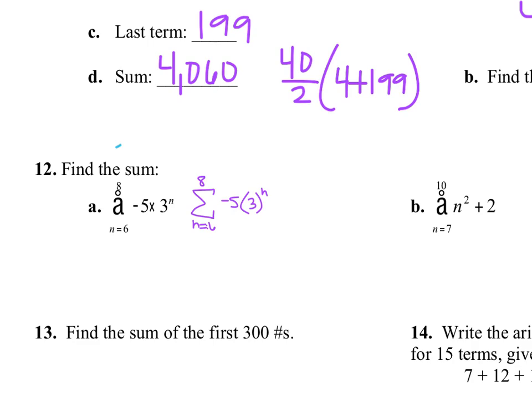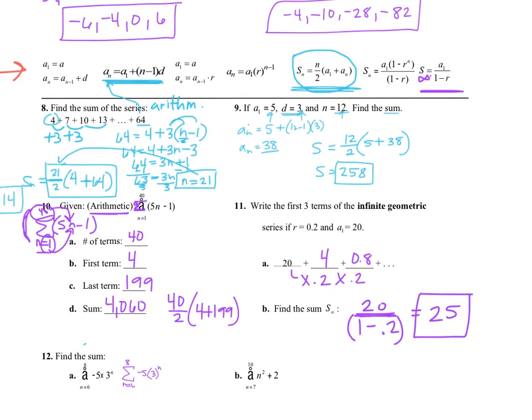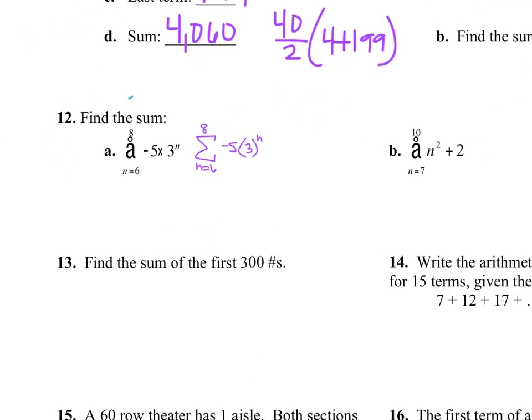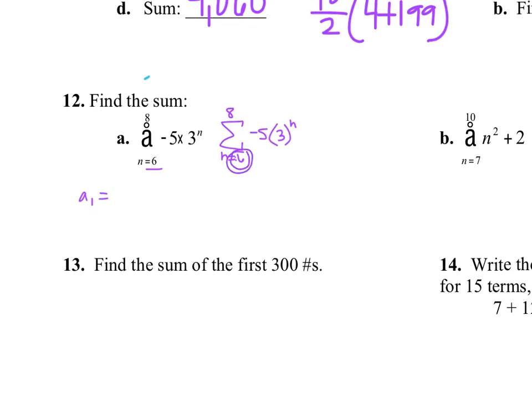This is not to infinity, so you are using the geometric sum formula here. If you look at this, we need to know what our first term is. So a sub 1, our first term, is when we plug this number in.